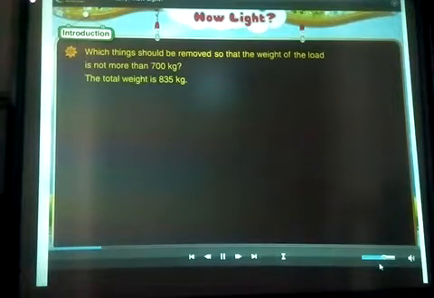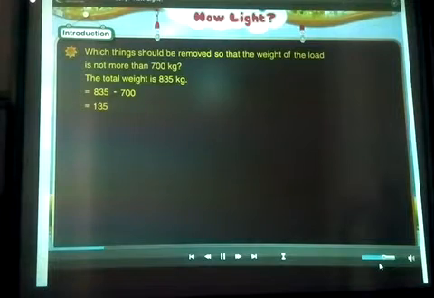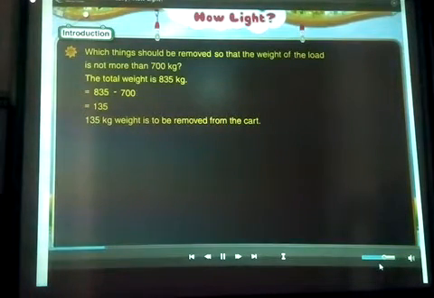To find the excess weight, we will subtract 700 from 835. Therefore, 835 minus 700 is equal to 135. So, 135 kg weight is to be removed from the cart.